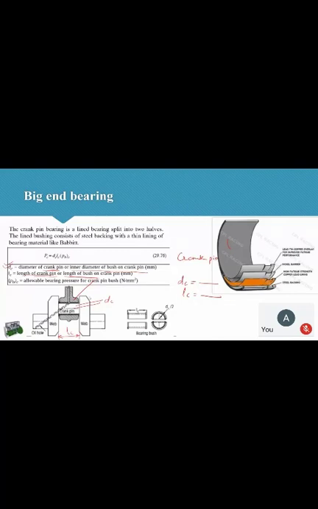So here also we use the force acting on the connecting rod. Mind you, it is the same force which is transmitted from piston to piston pin to whole shank of the connecting rod to the crank pin. Okay, so PC is equal to bearing pressure multiplied by bearing area.